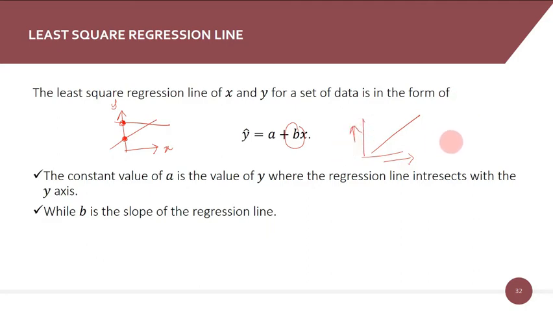If you have a regression line with a negative slope, estimated y equal to a minus bx, the slope shows a negative value, so it indicates an inverse relationship between x and y. So as x increases, y will decrease. If the slope is 0, we can interpret that there is no relationship between x and y.